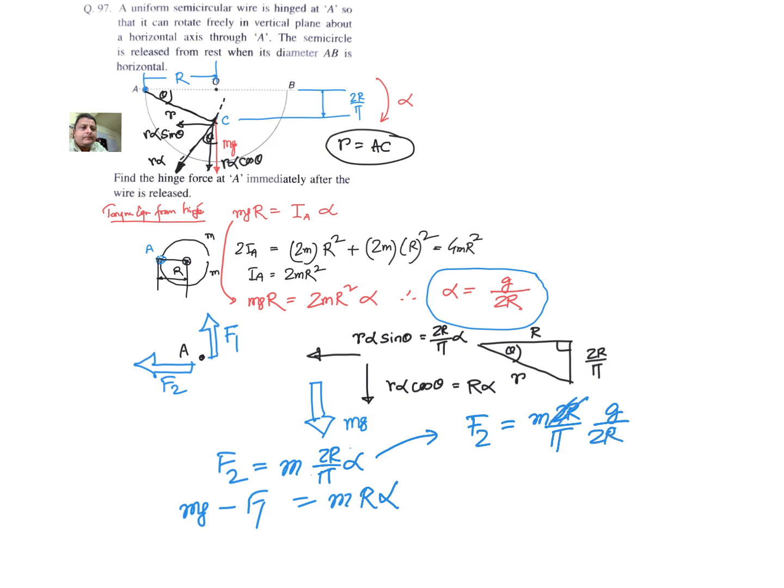So this 2r and 2r will cancel. So F2 is equal to mg divided by pi. The horizontal force F2 is equal to mg divided by pi.